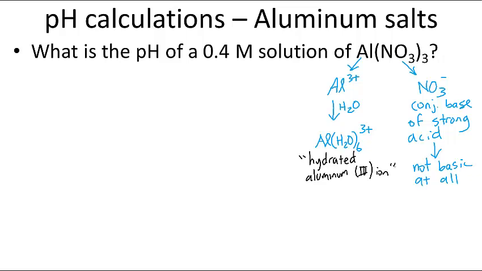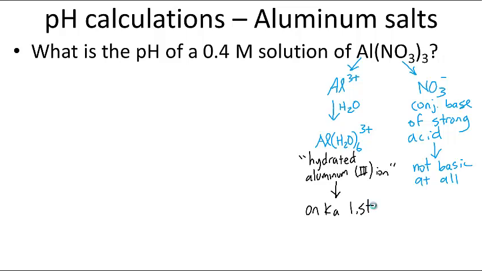So this is on the Ka list. We're going to write a RICE chart for that thing dissociating. This is just like any other acidic salt, except it just feels a little weirder because the H+ isn't already part of the ion itself.